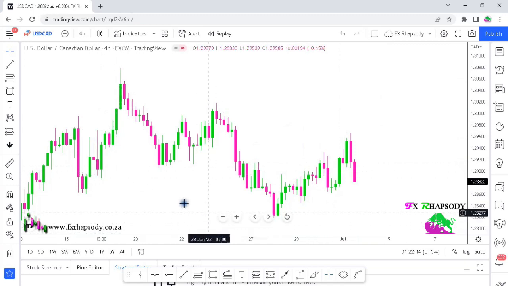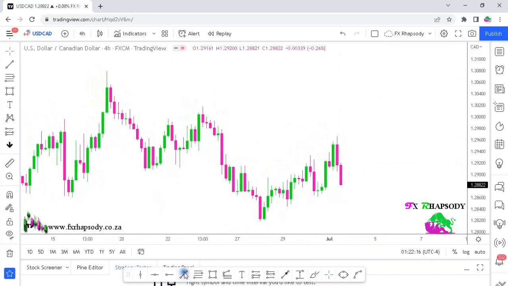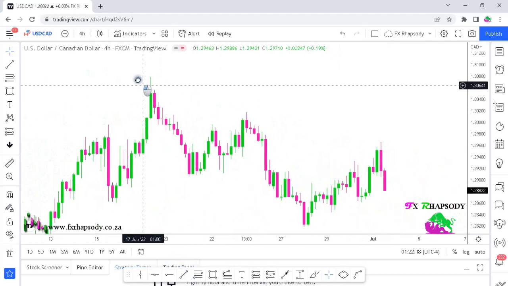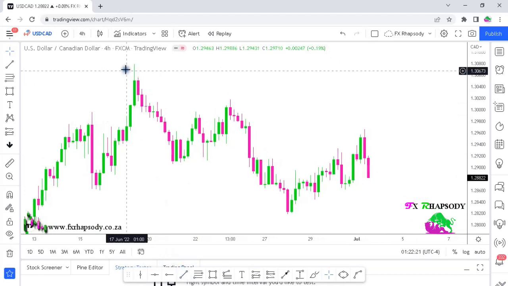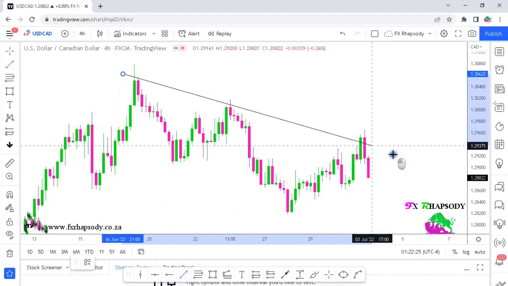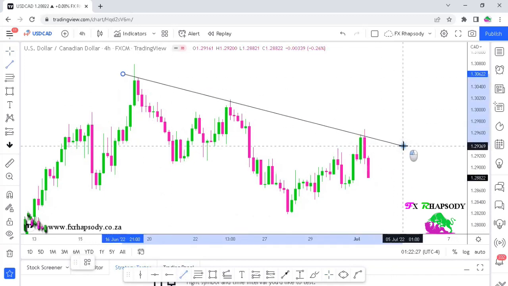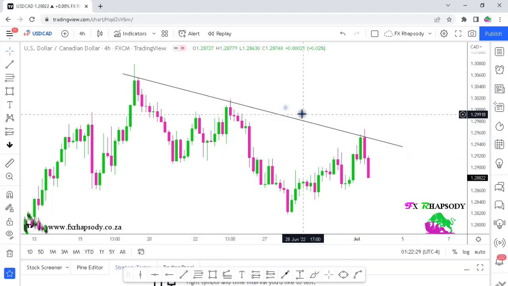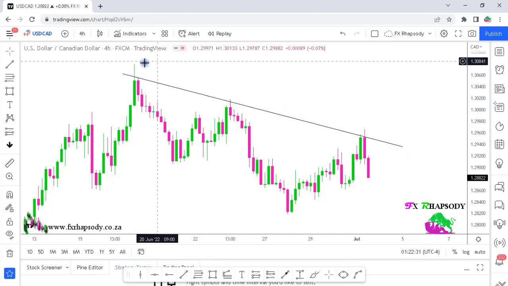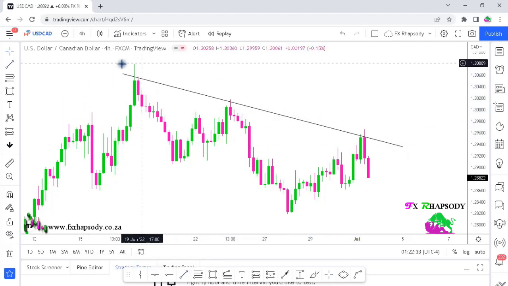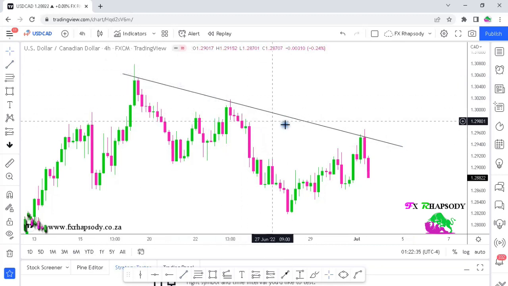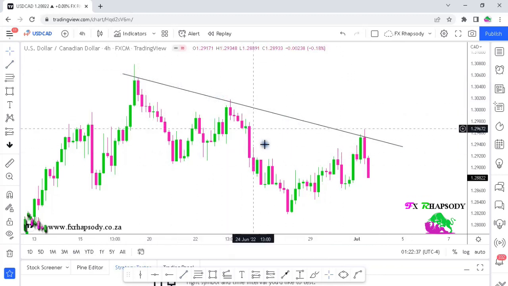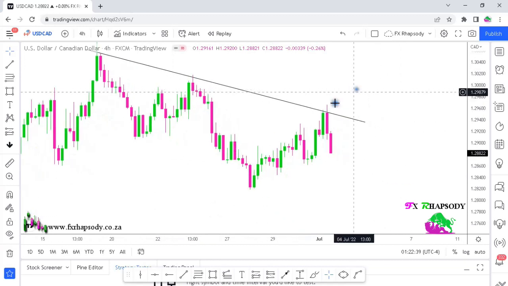First of all, as we see price going down, we have this little bit of a downtrend forming, especially after hitting that previous equal high at the top here. So we have this downtrend going down, price respecting that trend line as it goes down.